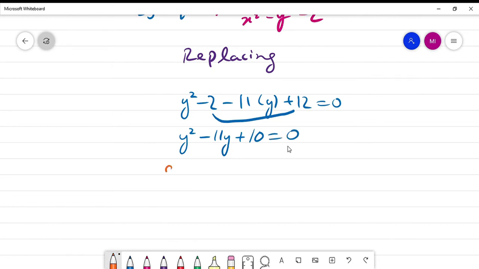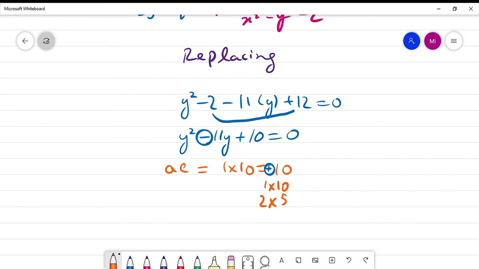So now let's factorize, or let's see if this can even be factorized. AC is equal to 1 into 10, which is equal to 10, and the factors are 1 into 10 and 2 into 5. And now let's look at the signs. We have a positive product of A and C and a negative sign with B. This indicates that both of the numbers, or should I say factors in the pair, must be negative so that their sum is negative and the product is positive.